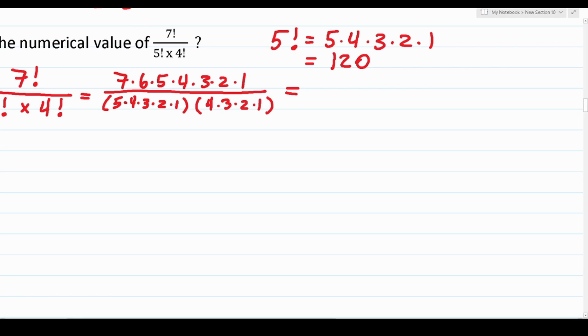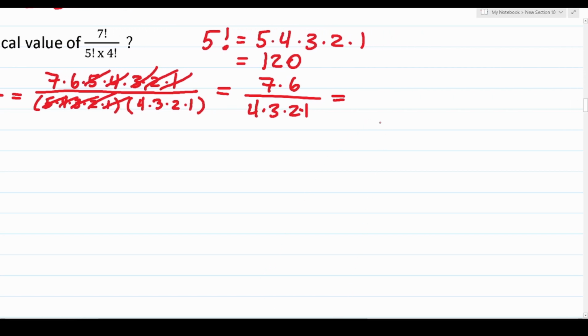And in this case, I'm going to cross out this 5, this 5, this 4, this 4, this 3, 2, and 1, which leaves me with this 7 times 6 in the numerator over 4 times 3 times 2 times 1 in the denominator. And this is pretty easy to do. We have 7 times 6, which is 42, over 4 times 3, which is 12, times 2, which is 24. 24 times 1 is just 24.